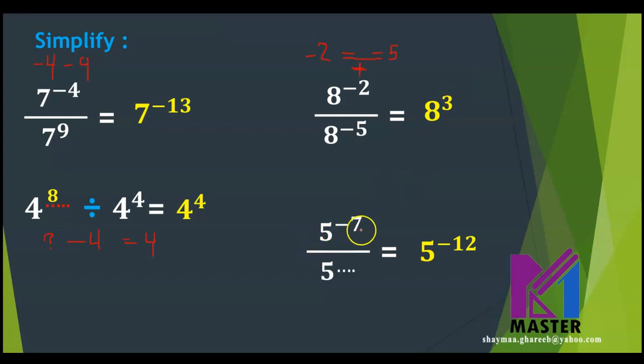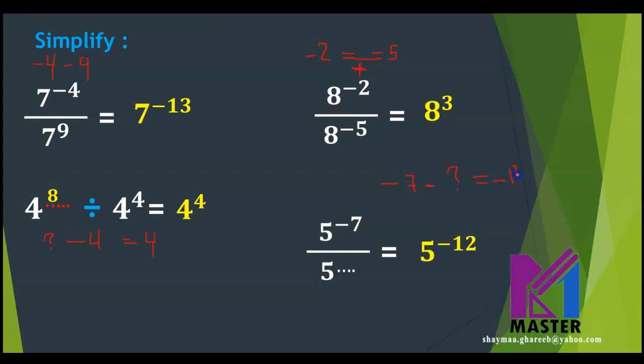5 to the power of negative 7 over 5 to a missing power equals 5 to the power of negative 12. I have negative 7 minus a missing number gives negative 12.